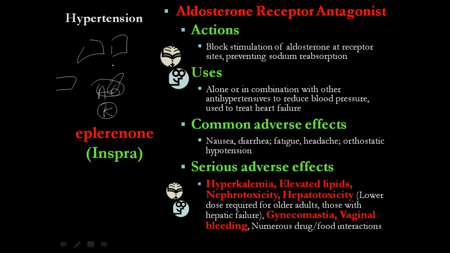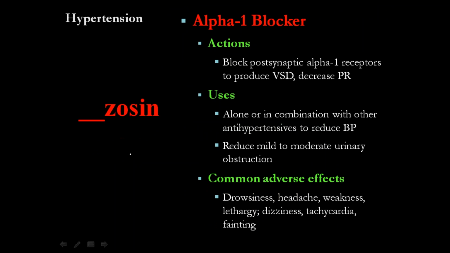The ACE inhibitors are going to act here and inactivate the cascade of the renin, angiotensin, aldosterone axis. But here the aldosterone receptor is going to be blocked. The receptor in the kidney for aldosterone is going to be blocked. That is eplerenone.